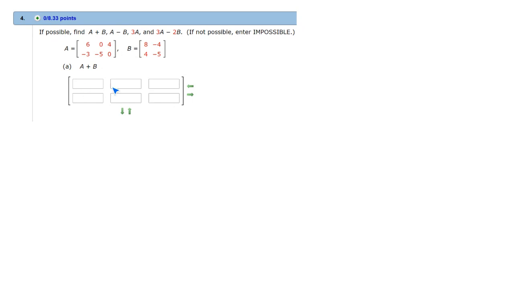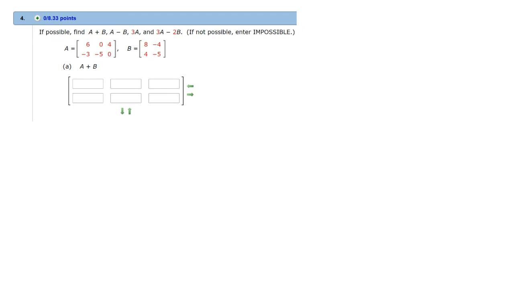If you feel like you need more rows, you would click the bottom green arrow. If you need less, you would click the top one. If you need more columns, you would click the first arrow. If you need less, you would click the second arrow. So if you need to change the size of your matrix, you use the arrows here.